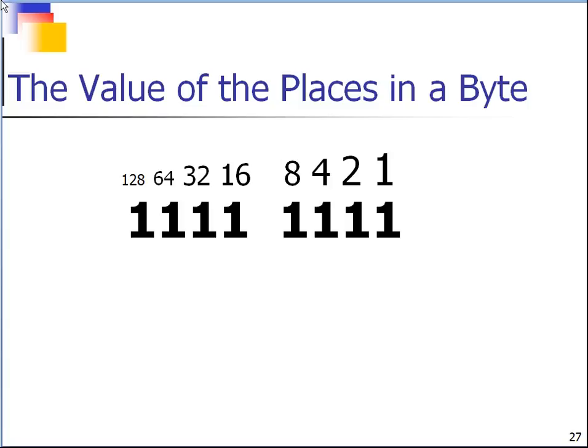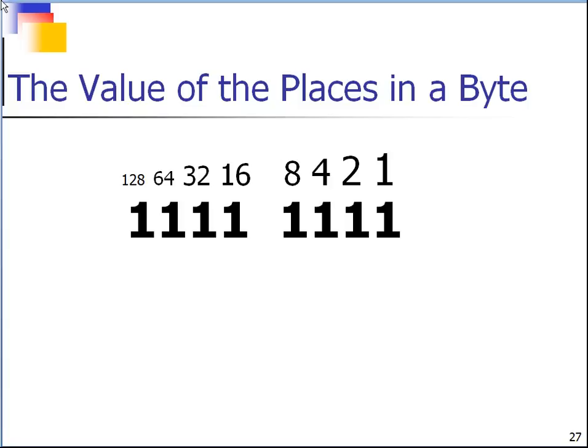In fact, if we look at these values of the placeholders in a binary number, starting at the far right, 2 to the 0th is 1. 2 to the first is 2. I'm working toward the left. 2 squared is 4. 2 cubed is 8. 2 to the 4th is 16. 2 to the 5th is 32. 2 to the 6th is 64.